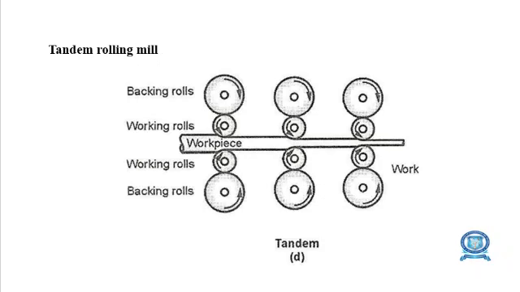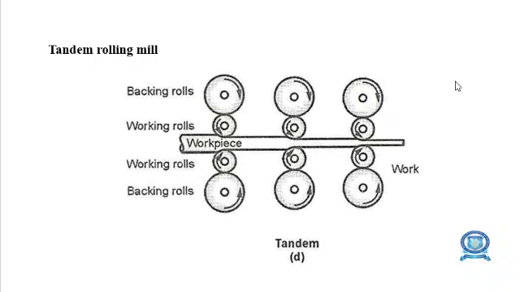This facilitates a continuous pass through each one successively without change of direction of the metal or rolling process. In the tandem rolling mill, the thickness is reduced by a huge amount.